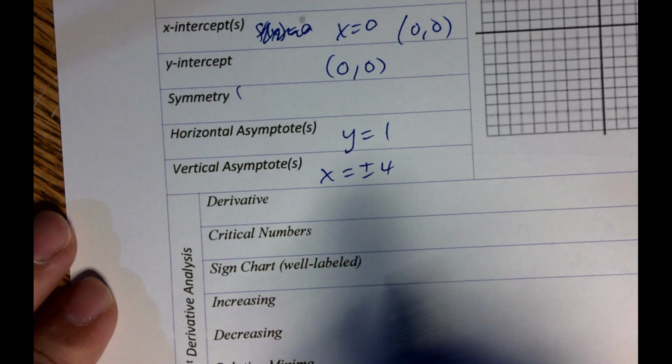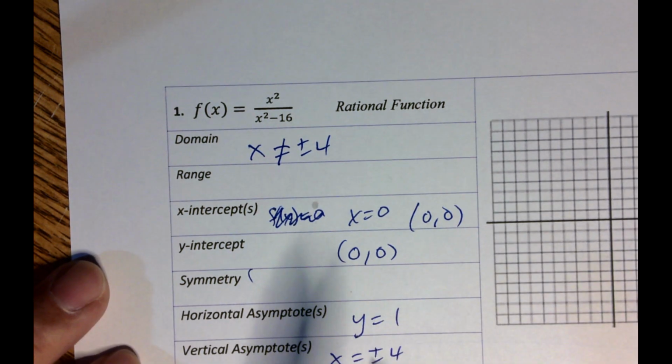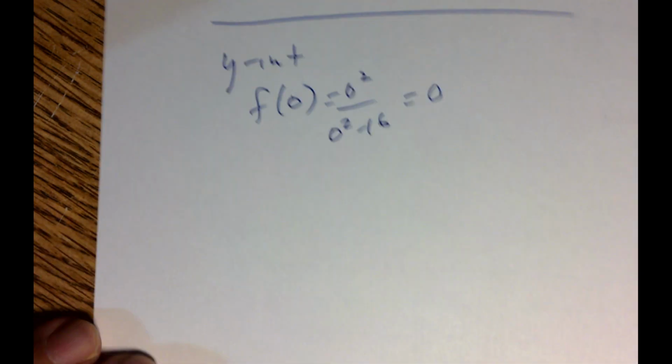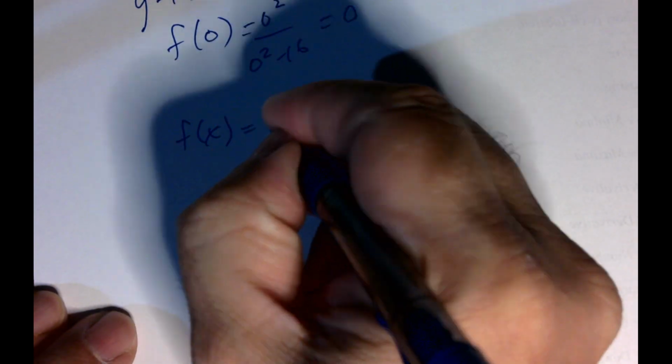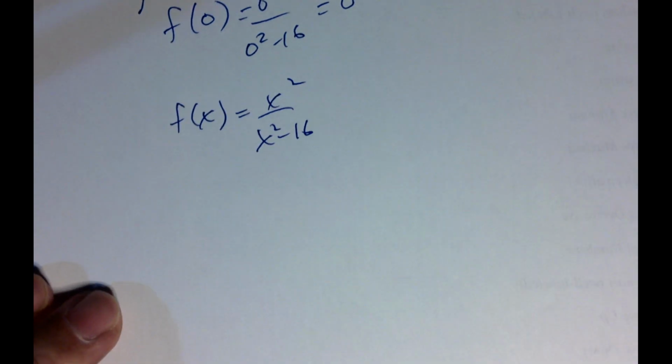Then find the derivative. So what I want to do is take the derivative on the back of the paper, and then I'm going to write it over here. So the function is f of x equals x squared over x squared minus 16. All right, so now I'm going to take the derivative.